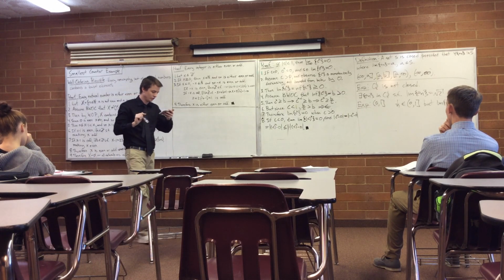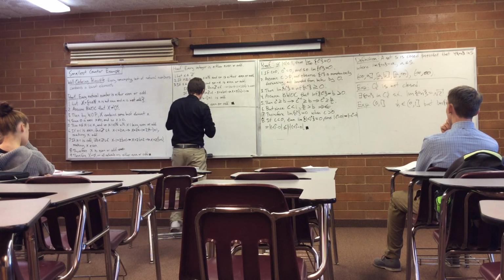Let n be a positive integer. The sum of the first n odd natural numbers is n squared.